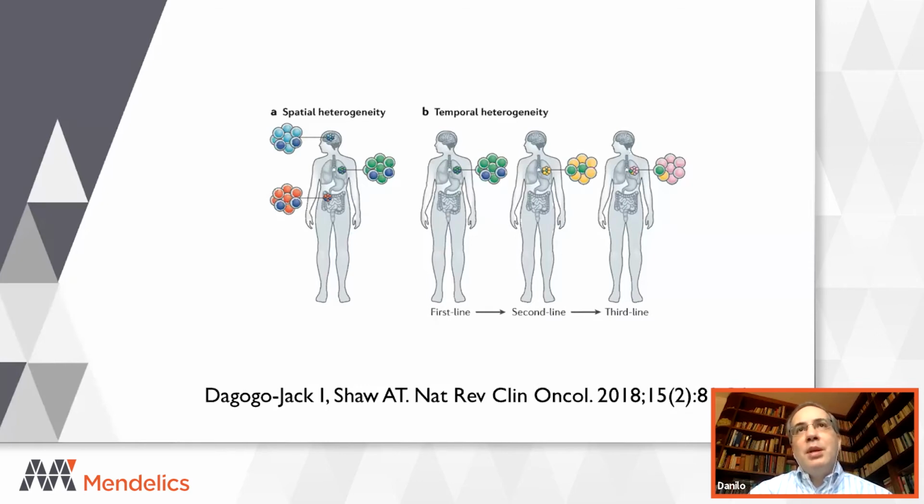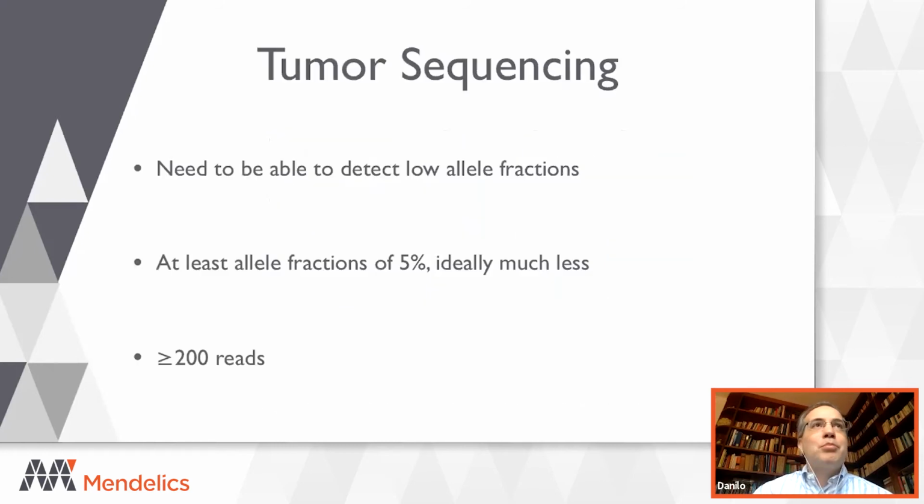There can be new subclones appearing, and for every line of treatment I introduce, this can happen. So I must think in terms of time, to repeat testing many times after my treatment endpoints.